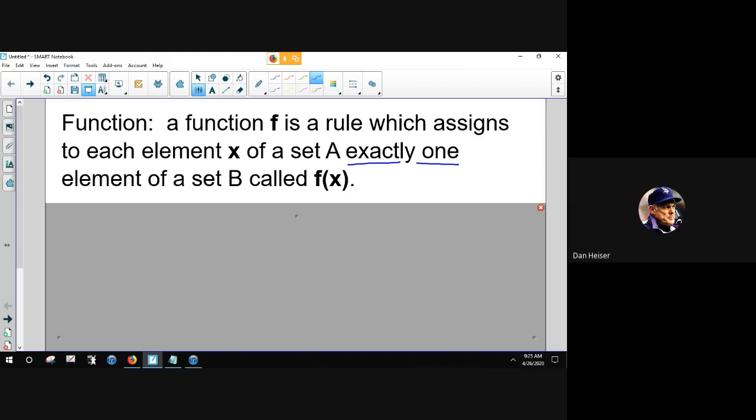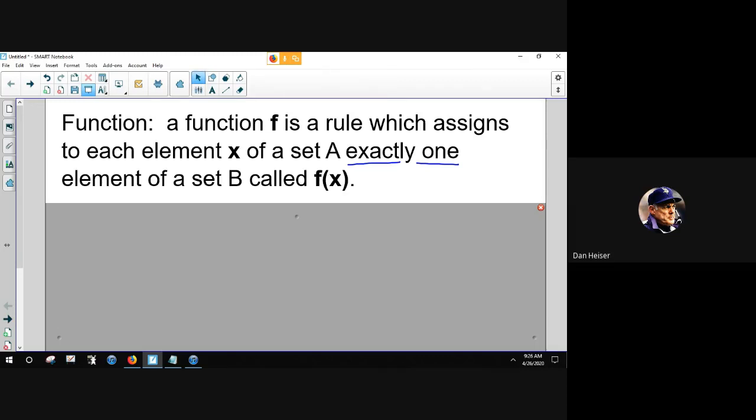Elements from B can be assigned to different elements from A. But elements in A only get to pair with one element from B. And I'll sketch that out in a picture shortly, to make that a little more clear. So a function is some sort of rule that takes something from one set and pairs it up, assigns it to something from another set.